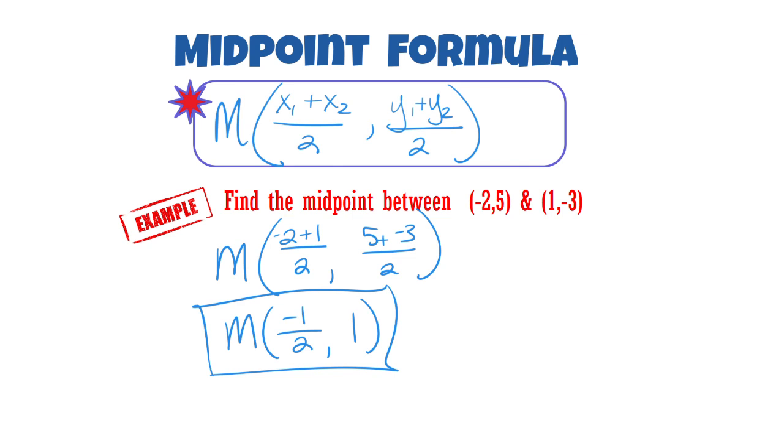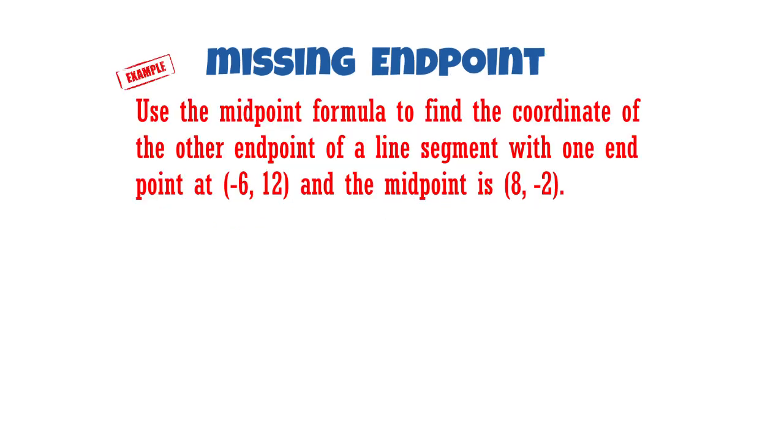This is a little bit more challenging use of that midpoint formula. It's when you already know the midpoint and what you're looking for is a different endpoint. So it says use the midpoint formula to find the coordinates of the other endpoint of a line segment with one endpoint at -6, 12, and I actually already know the midpoint is 8, -2.